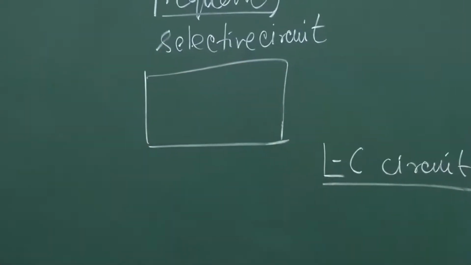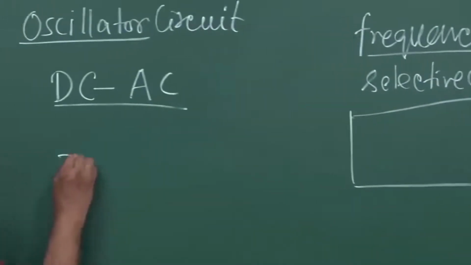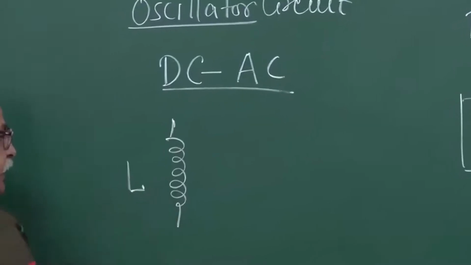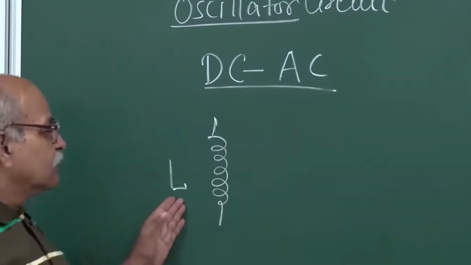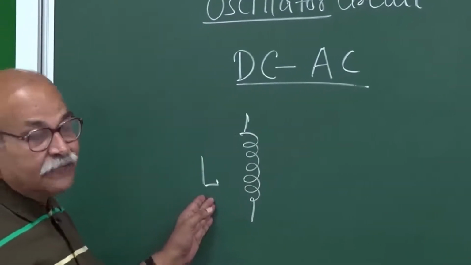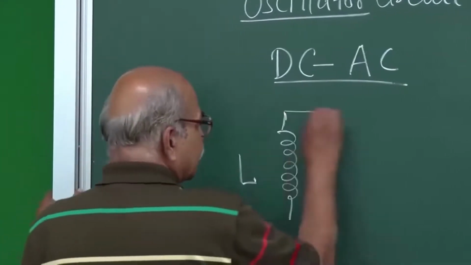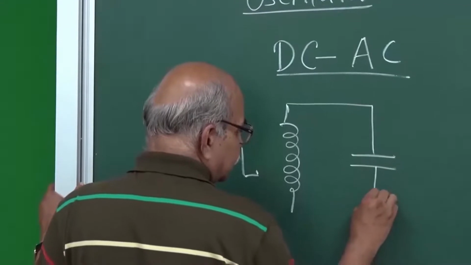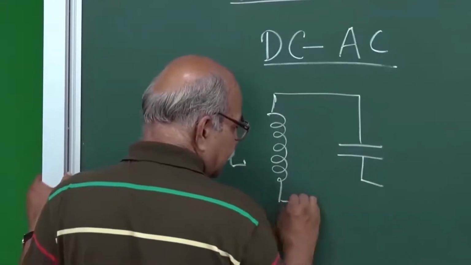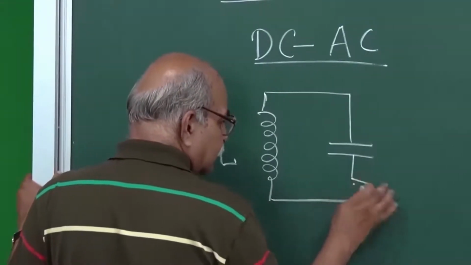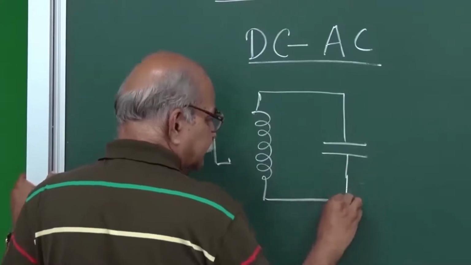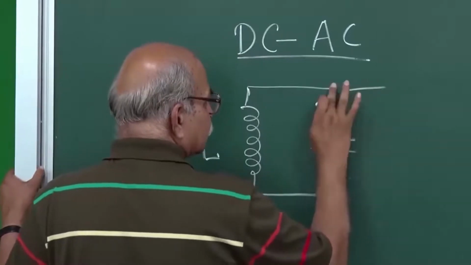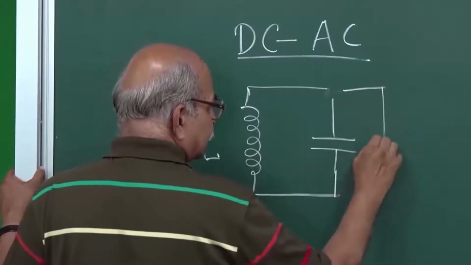Okay, so you remember your high school physics. If you have an inductor, there is a symbol for the inductor, and the letter generally used is L, and then you have a capacitor C. Let me join it and put a switch here, and let us say this is a battery.